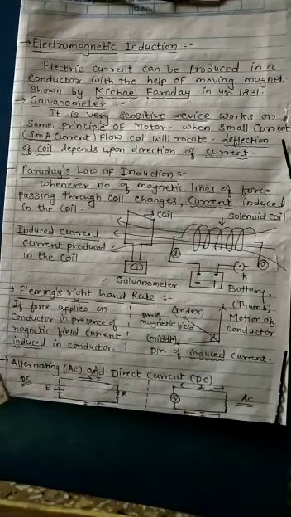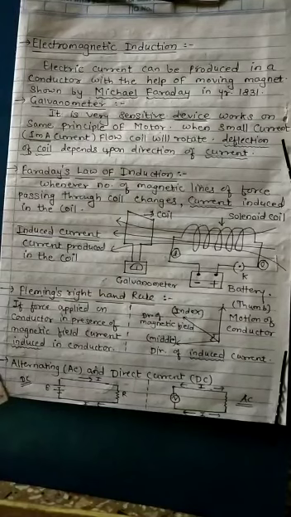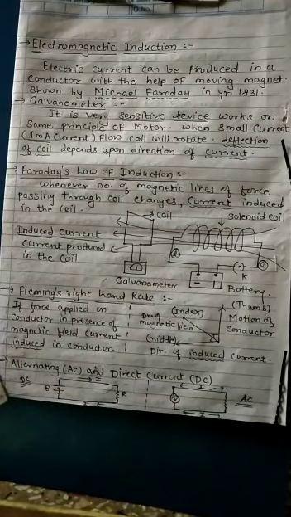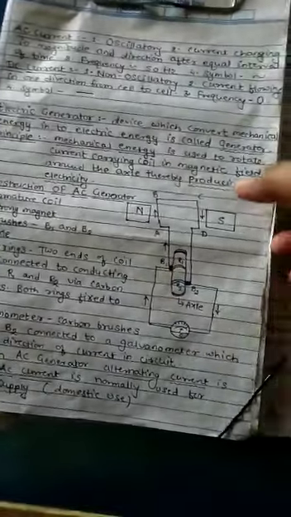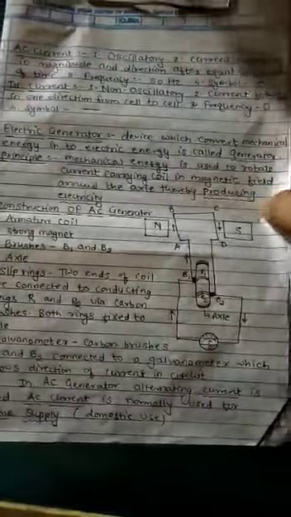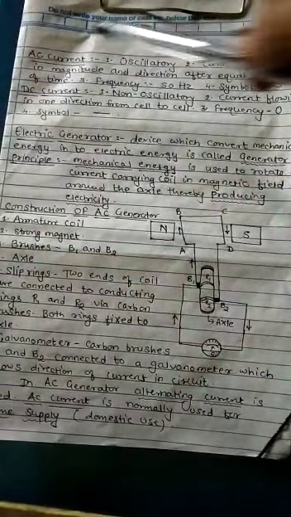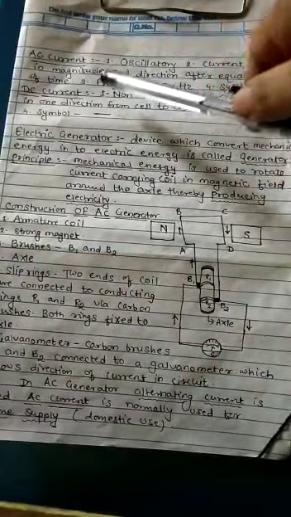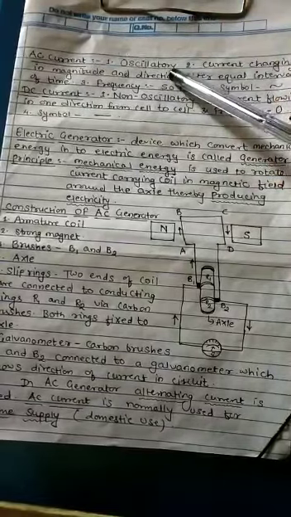Next, what is the definition of AC and DC current? AC means alternating current and DC means direct current. AC current is oscillatory.